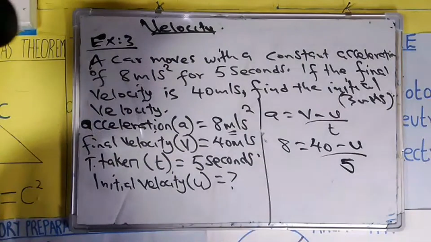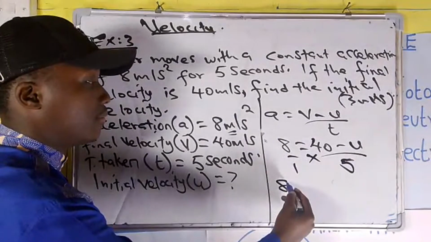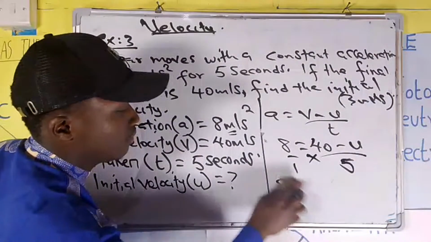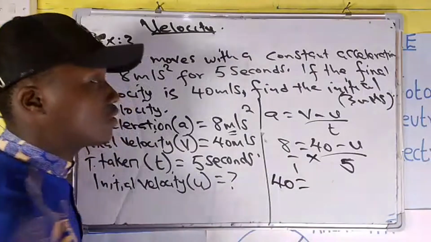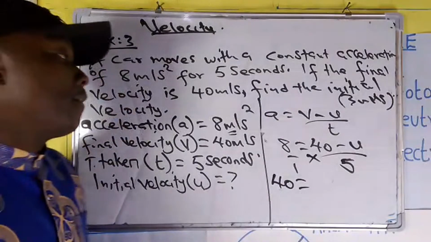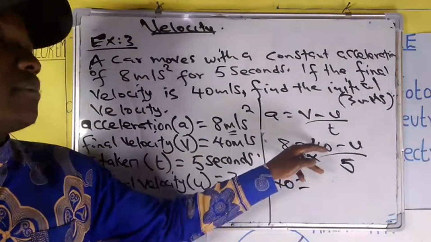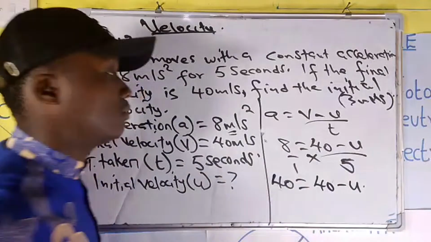So for us to solve that, we will cross multiply. 8 times 5 is 40. 40 is equal to 1 times 40 minus u. So it will be 40 minus u.